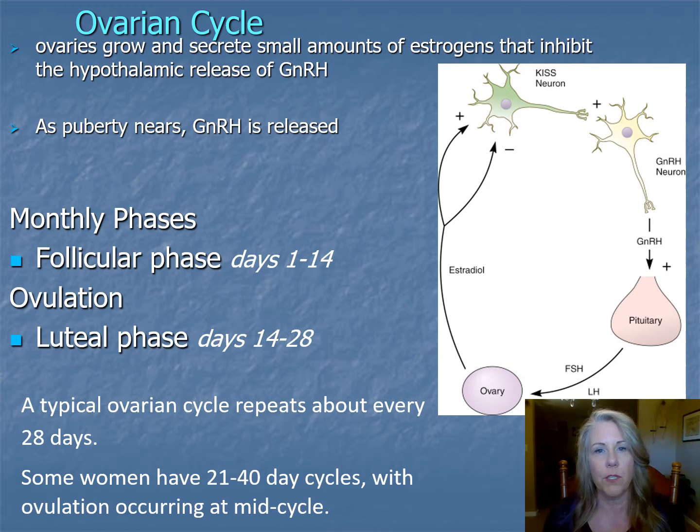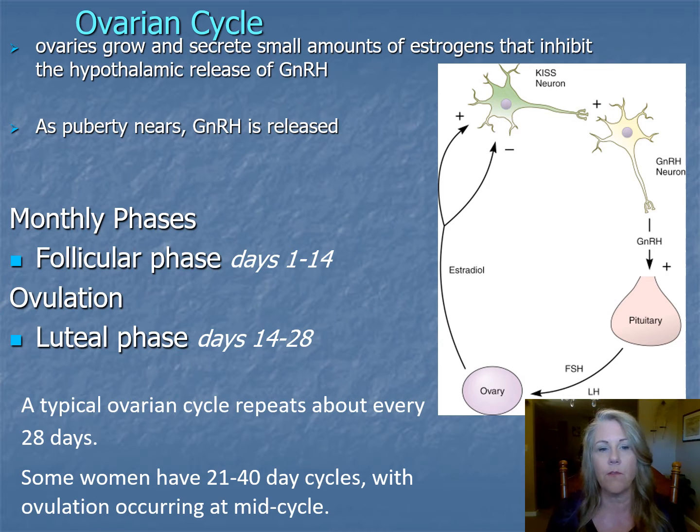Those hormones have their target at the ovary. At that point, this is when the girl's period would start. This is when the ovarian cycle would start, and also the uterine cycle. There are two major cycles going on when we talk about the female, ovarian and uterine. We haven't gotten to uterine yet.